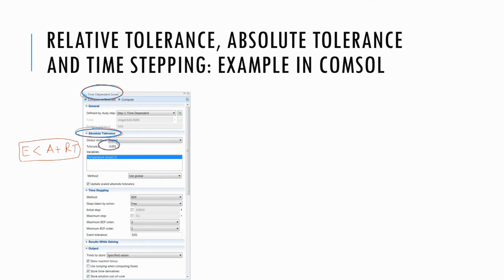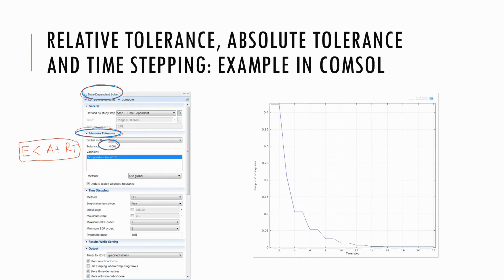So it checks that, and once it knows that this is satisfied, it can keep making progress. And how it uses it is it tries to take larger and larger time steps while keeping the error still less than this value.